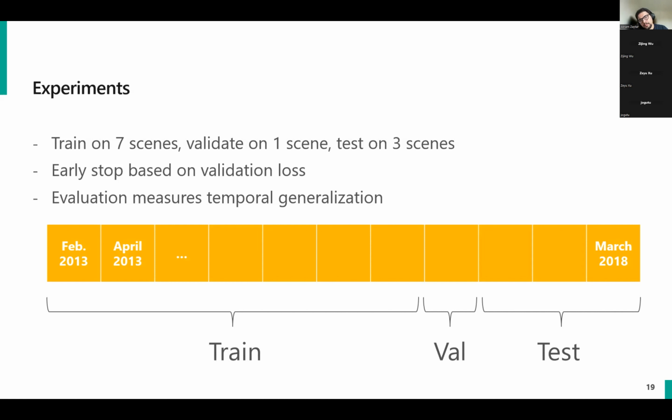We early stop based on validation loss, and then our actual evaluation measures are measuring temporal generalization, i.e. how well the models that we're training are going to perform in the future if we get more satellite imagery scenes over specifically Point Reyes. Now, it is important to realize that this is saying nothing about how the models will generalize to other locations in the world for other satellite imagery sources or anything like that. This is specifically temporal generalization.